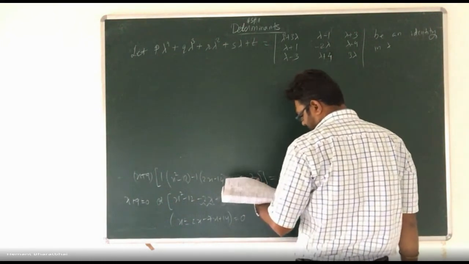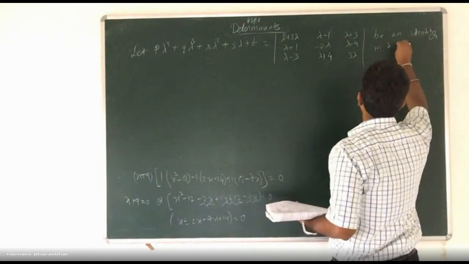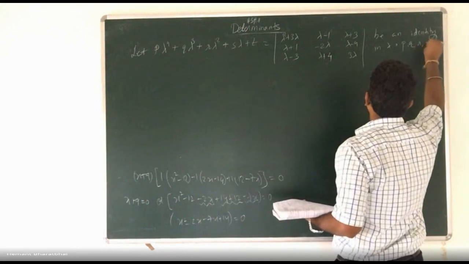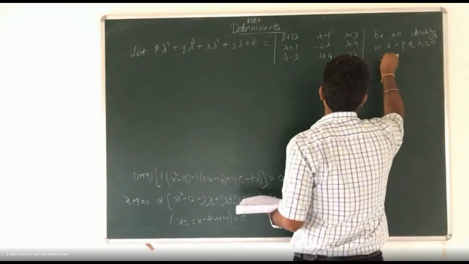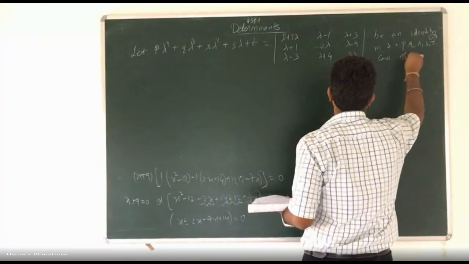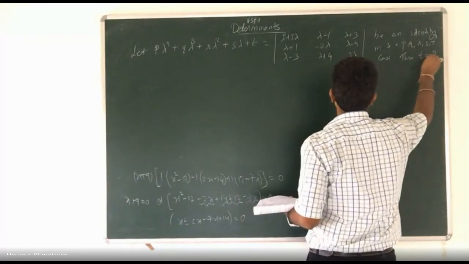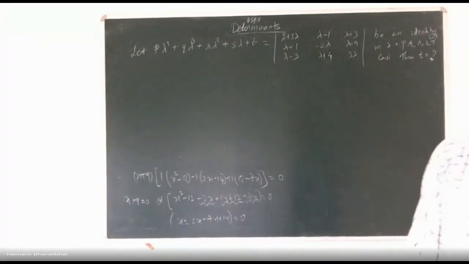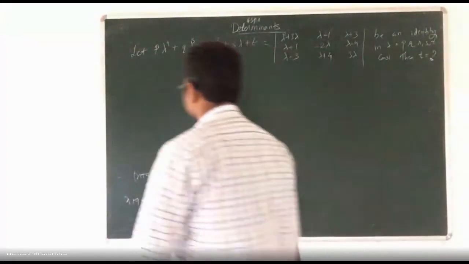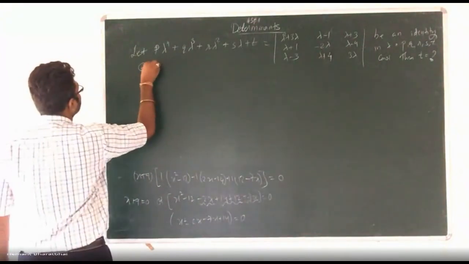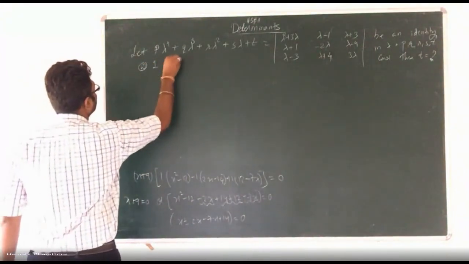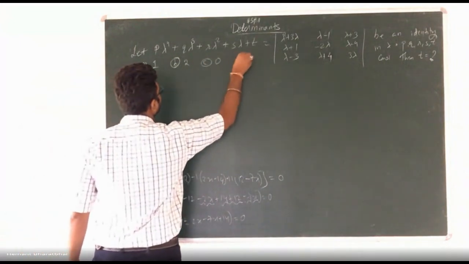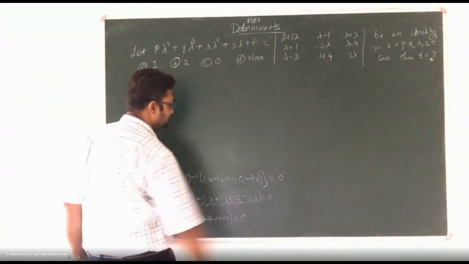P, Q, R, S and T all are constants. Then the value of T is, we will have to find out the value of T. Options: 1, 2, 0, and none of these.